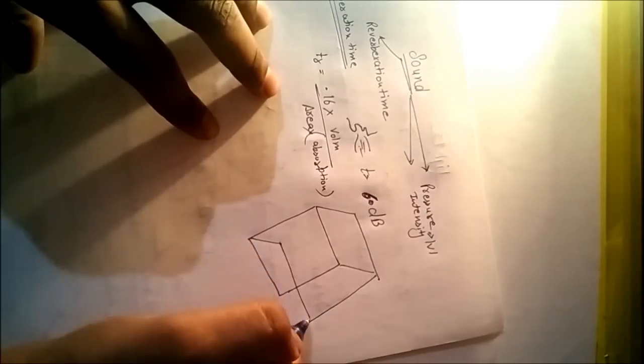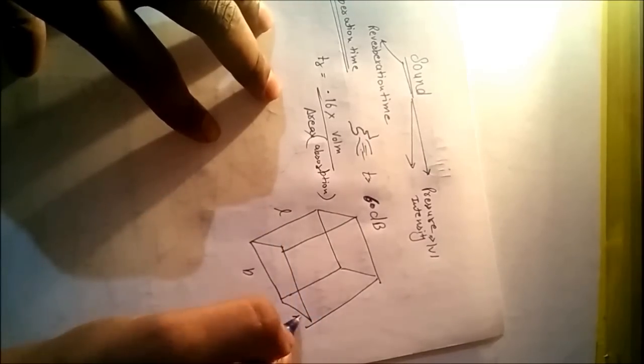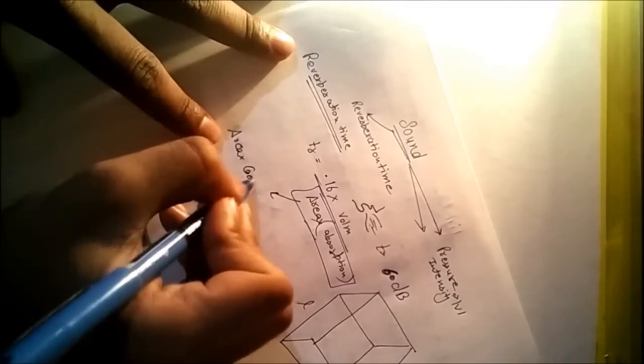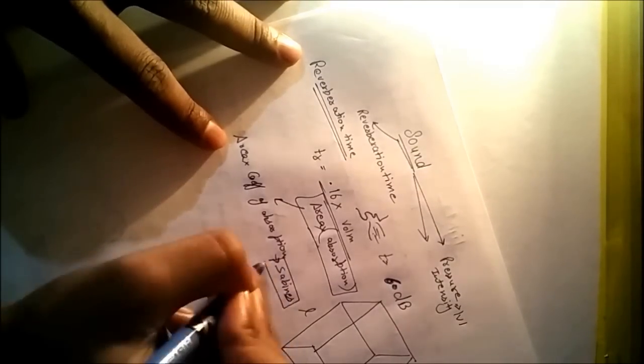For example, if we have this room with L, B and H, the absorption is area into coefficient of absorption for sound, which is measured in Sabines, the unit of absorption.